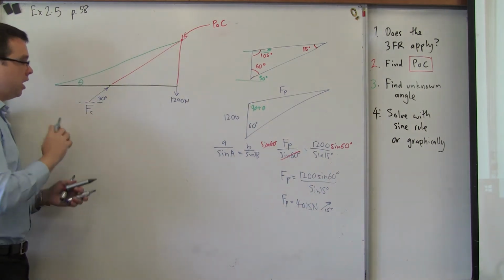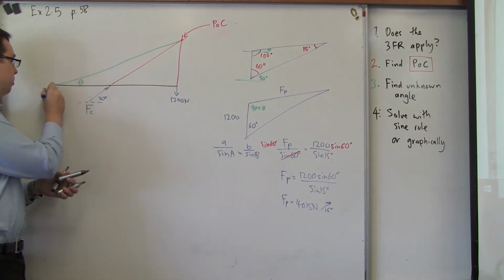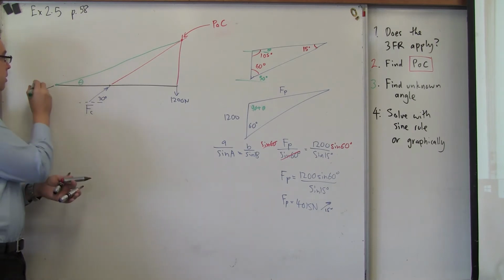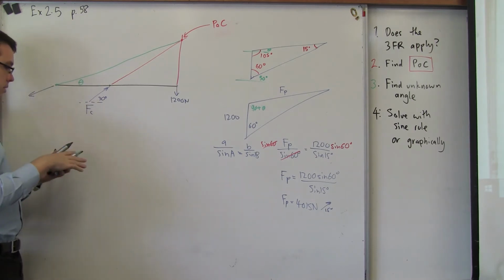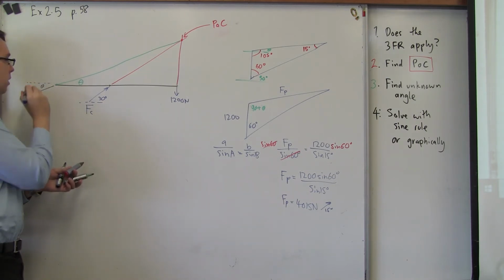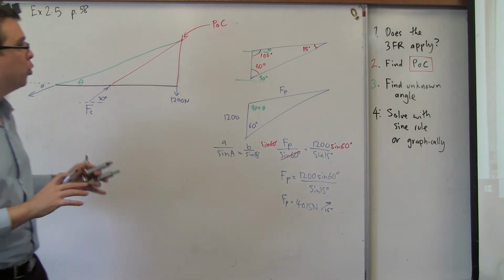So, now that I've got this angle, I know that my force is going to be also at that same angle. Like that. Now that I have these forces, I can now draw my diagram.